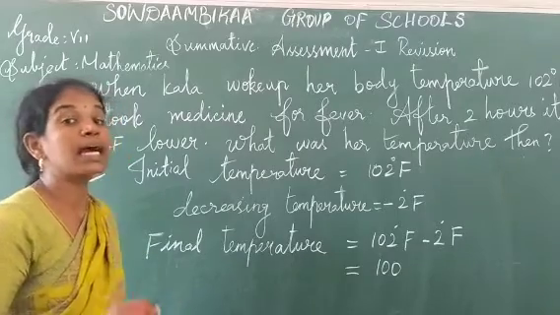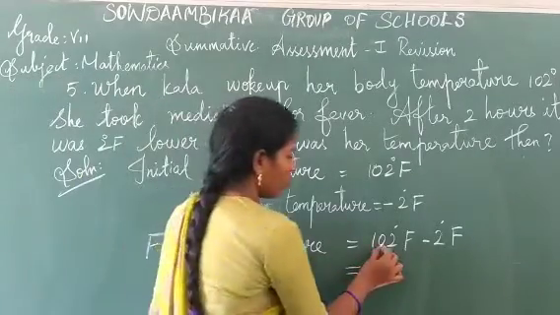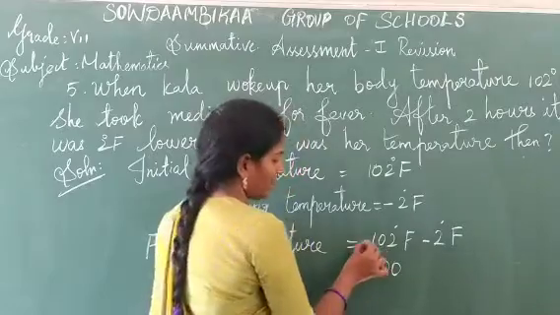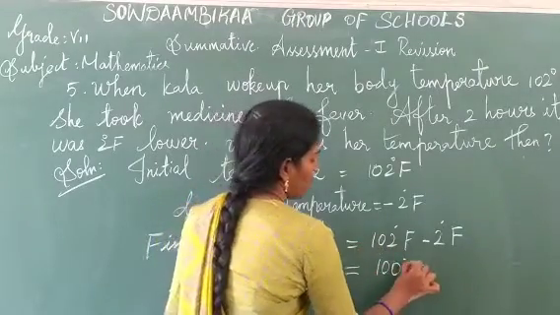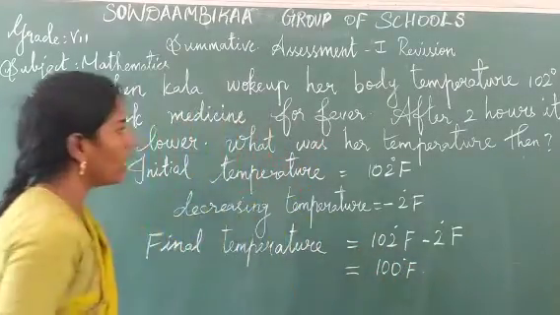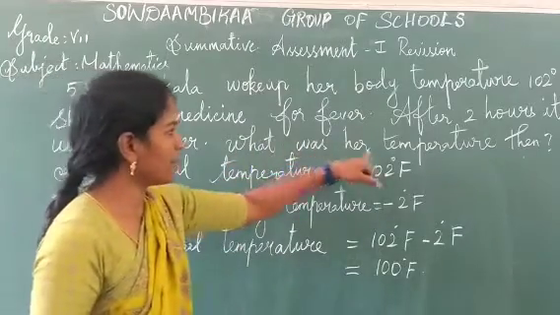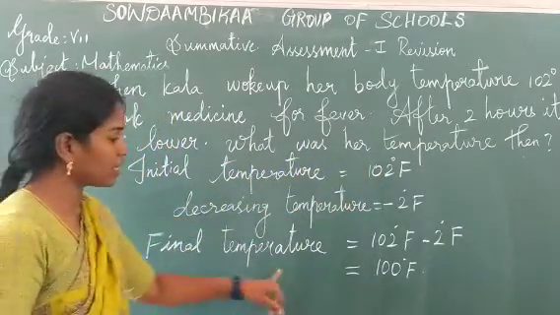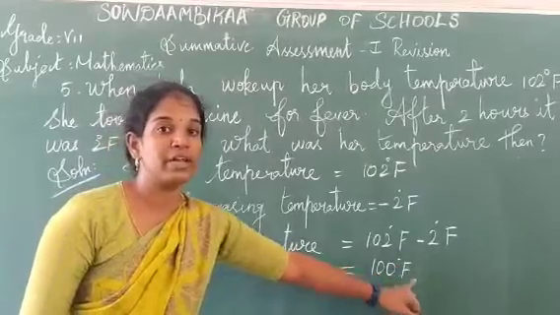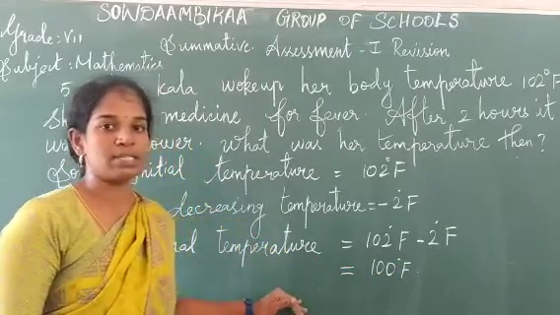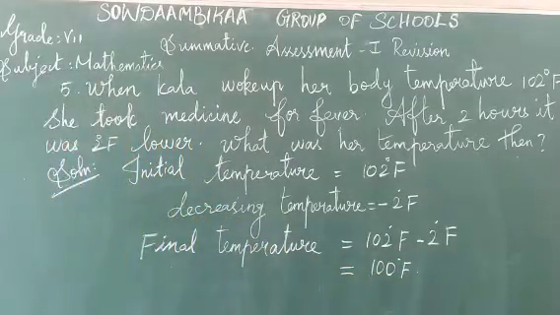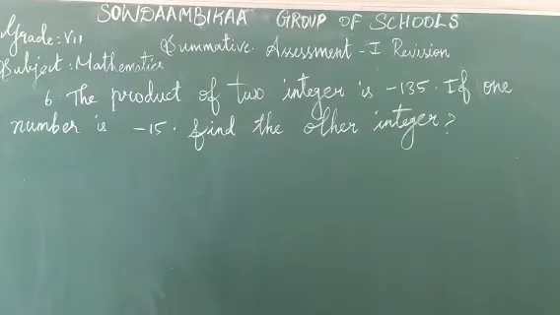Put the bigger number's sign. Here 102 is a bigger number having a positive sign. So we have to put positive sign. Therefore, what was her temperature then? Final temperature is 100 degree Fahrenheit. Okay, do you understand here? Then go to the next sum.